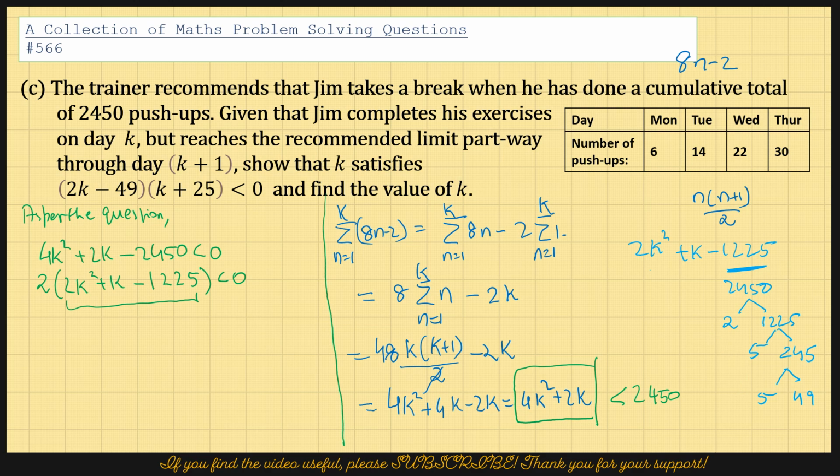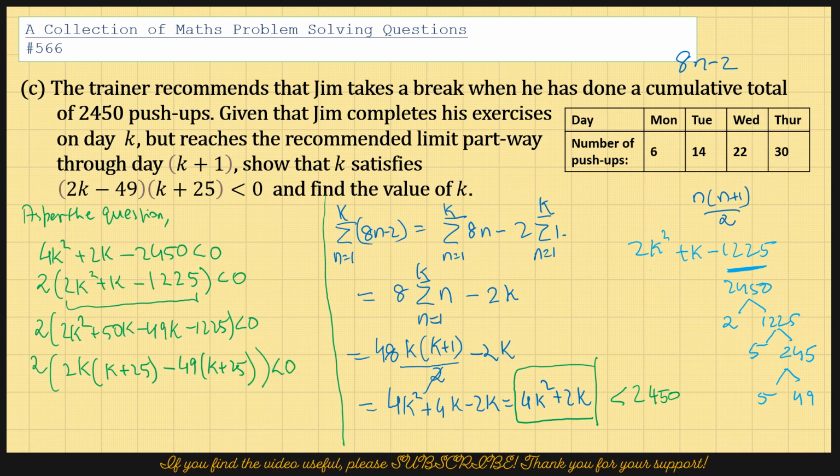I can write 2 times 2k squared plus 50k minus 49k minus 1225 is less than 0, or 2 times 2k times k plus 25 minus 49 times k plus 25, which is less than 0.